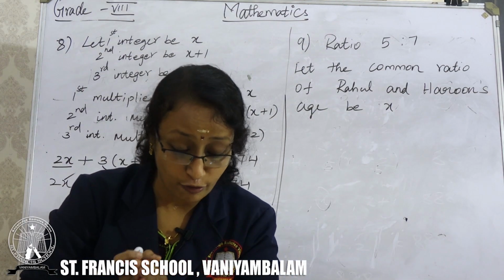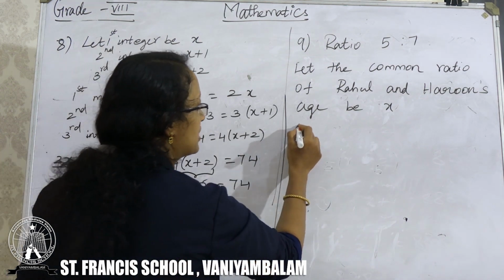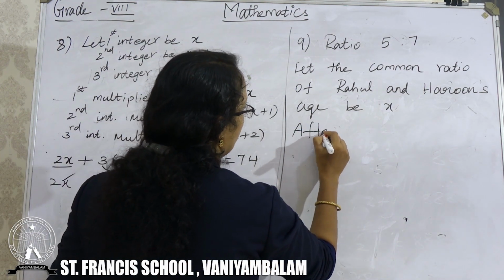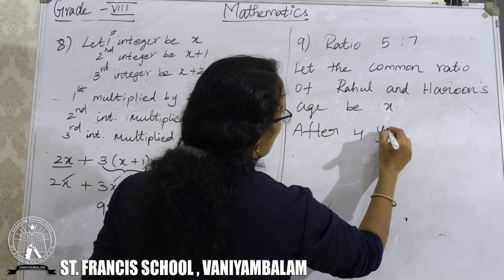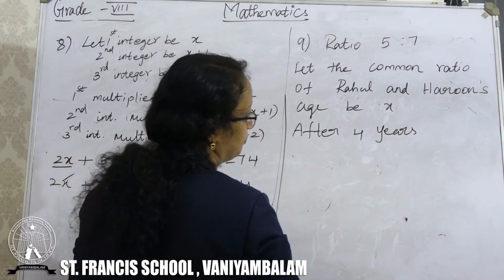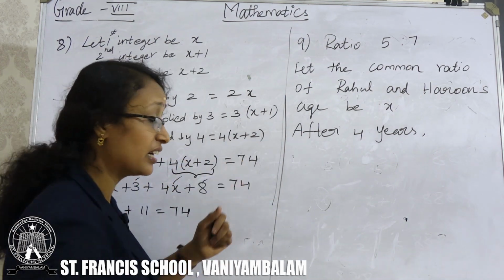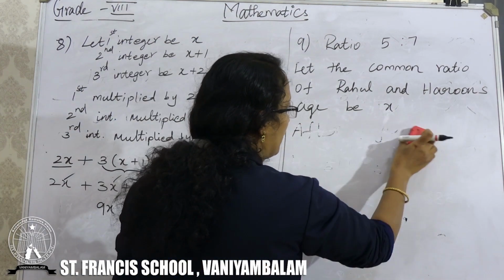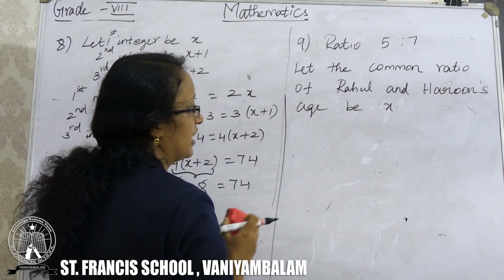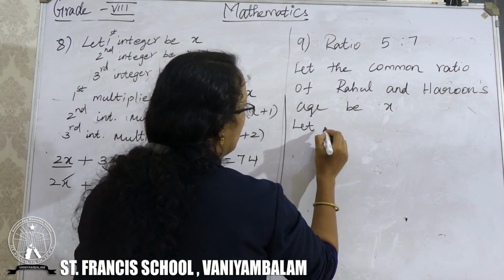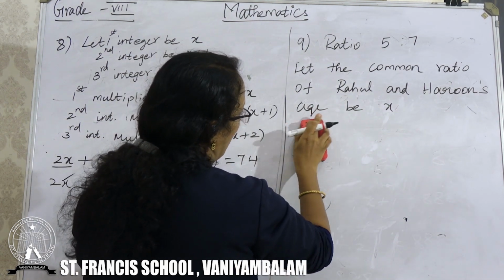So it is given 4 years later, that means after 4 years. After 4 years, what will be their ages? So first write the present age, after that we'll find the age after 4 years.